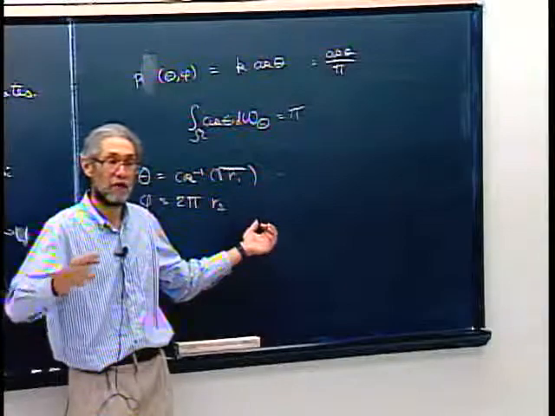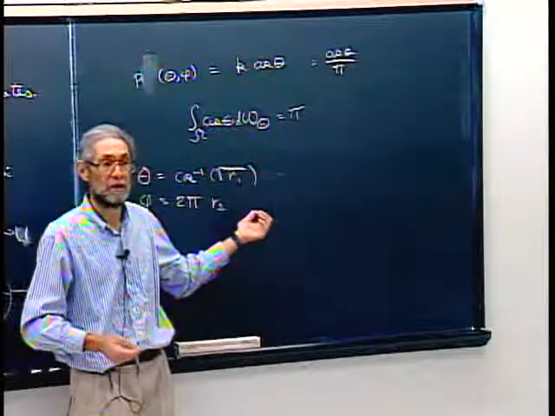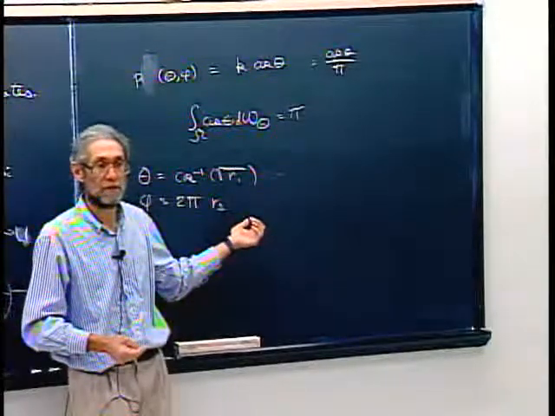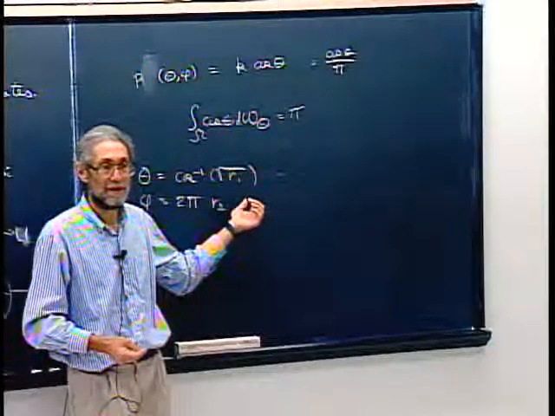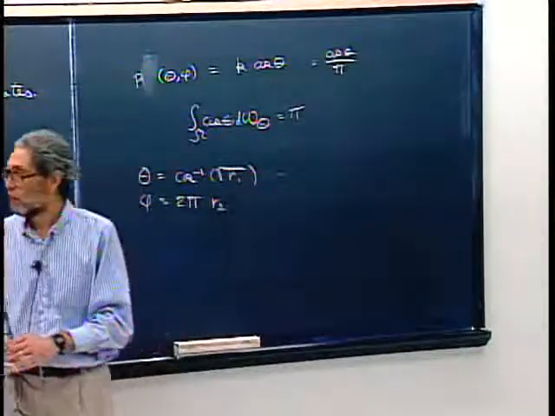But we only want half of the sphere. So we only need to have non-negative numbers that we're taking the square root of. Does that make sense? But good question.